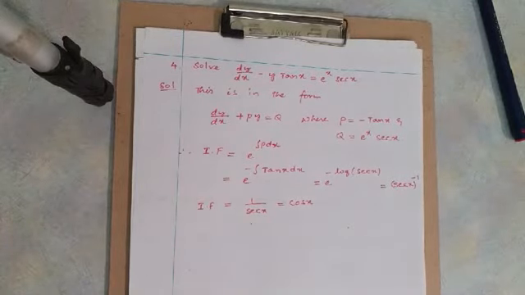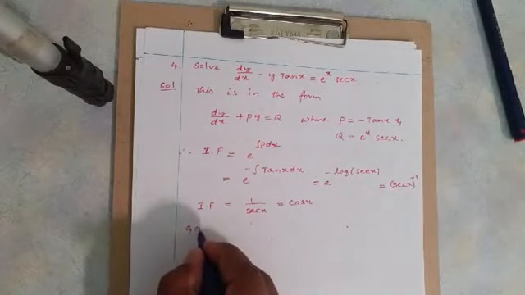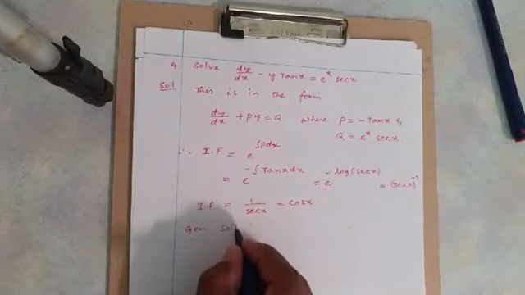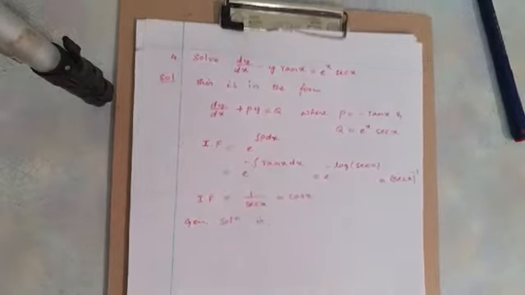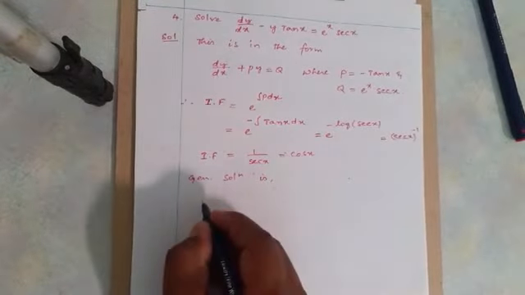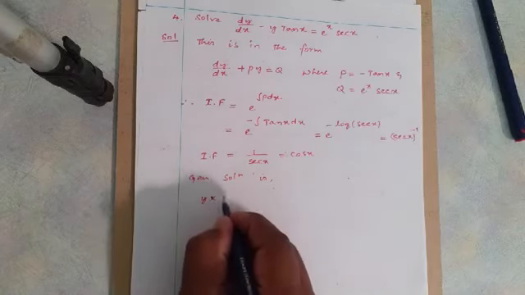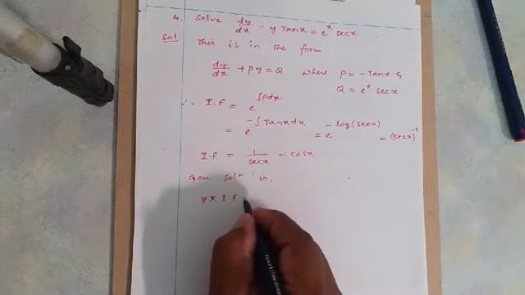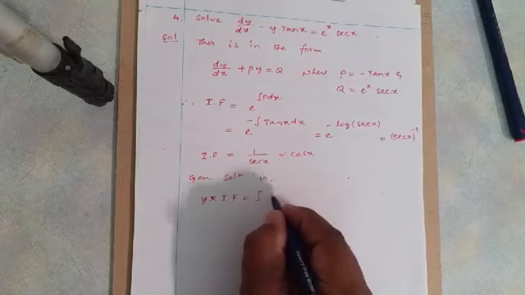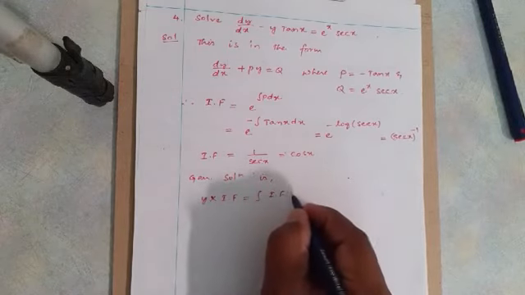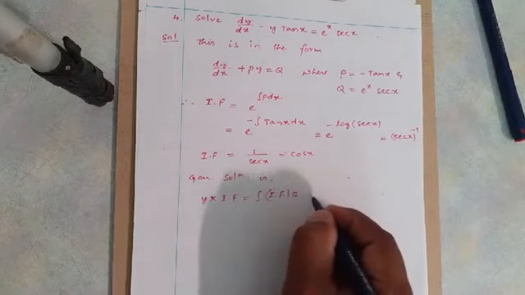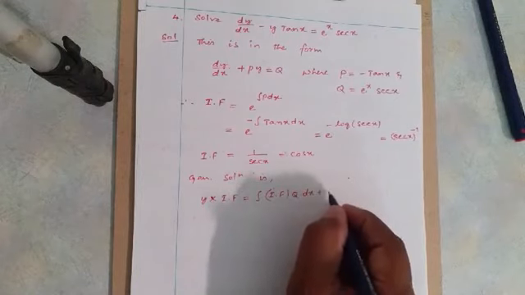After getting the integrating factor, now we have a general solution. General solution is, as you know, y into integrating factor is equal to integral of integrating factor into q dx plus c.